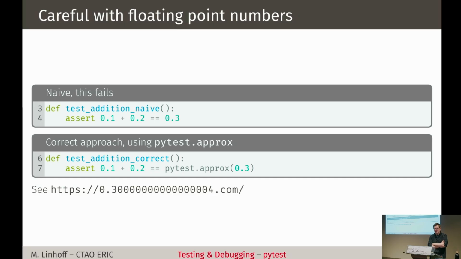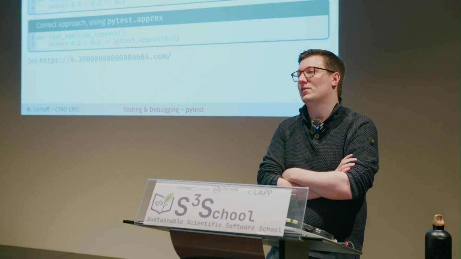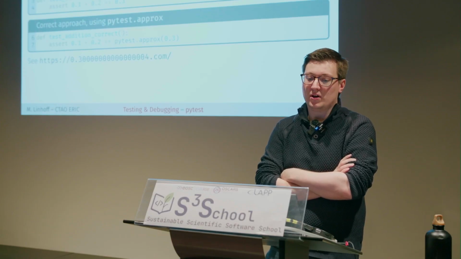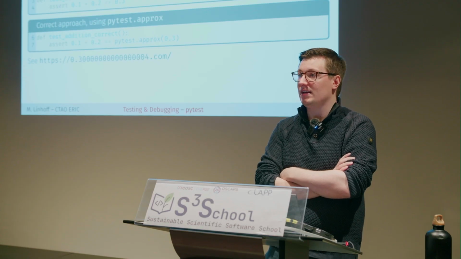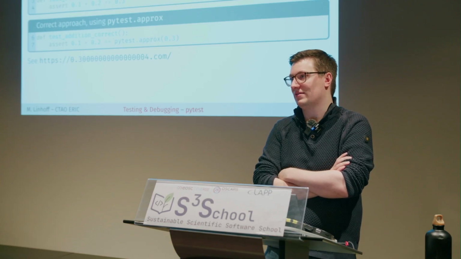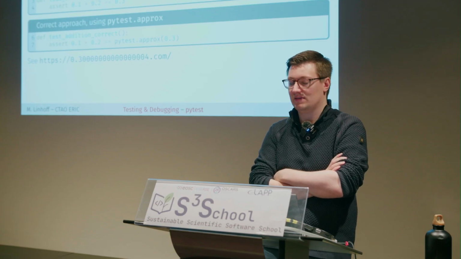And it happens that the next number that's representable next to 0.1 is slightly larger than 0.1. And 0.2 should be exactly representable, I think. And then the 0.3 is not representable again, but the number that is closest to 0.3 is slightly smaller than 0.3. So 0.1 plus 0.2 is slightly larger than 0.3, and the next number that's really close to 0.3 is slightly smaller than 0.3, and then this check fails.